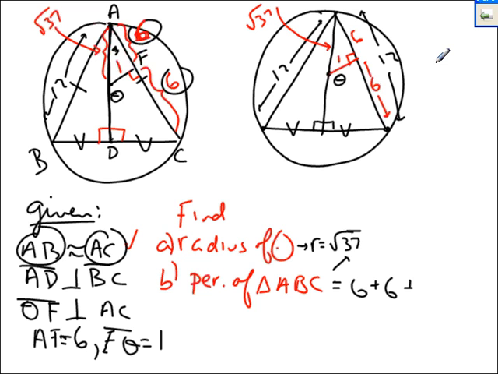Okay. Now, what I know is that we have a chord down here. We have a chord down here. And this line and this line met at a right angle.